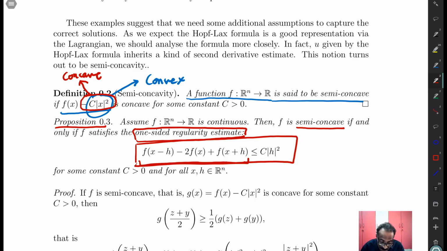In a smooth sense, when you expand it, you can write that as an expansion if it is differentiable two times. So what you are saying is that semiconcavity is a one-sided derivative estimate. You don't have the full regularity, but you have some sort of one-sided second order regularity estimate. The proof is given here.